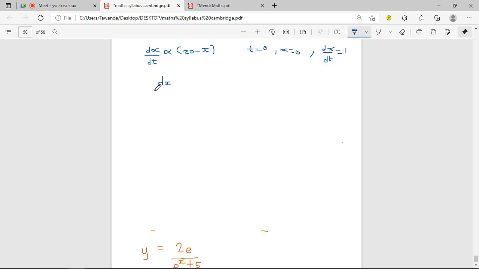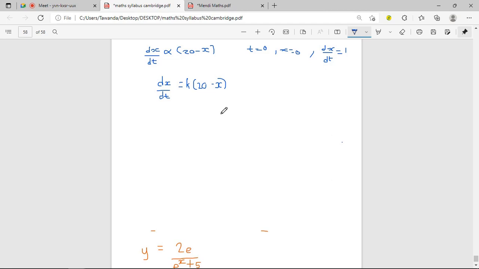It will be dx over dt equals, if you remove the proportional sign, K, a constant, times open bracket 20 minus x. Are we together?